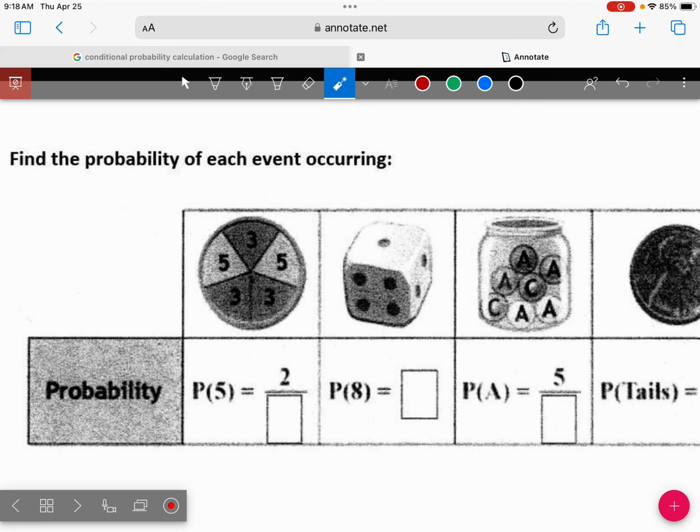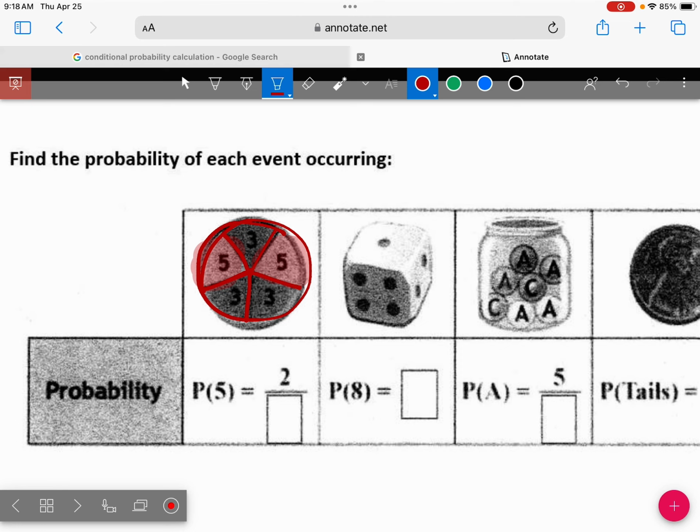Okay, how many sections are on this spinner all together? Yep, I heard somebody say 5. There's 5 sections, and the probability that it landed on a 5, there's only 2.